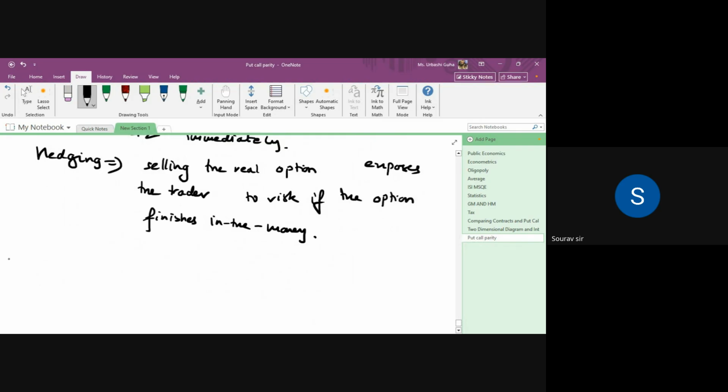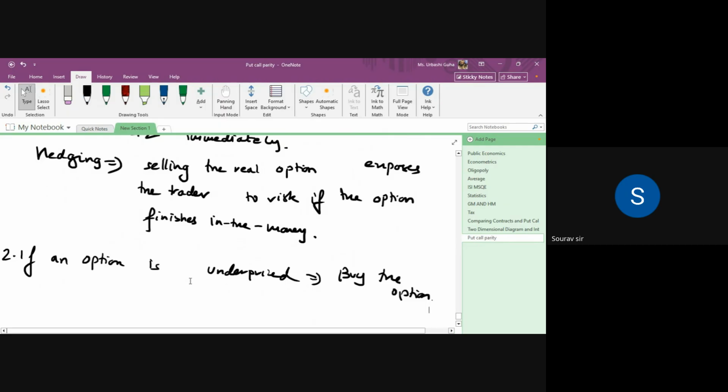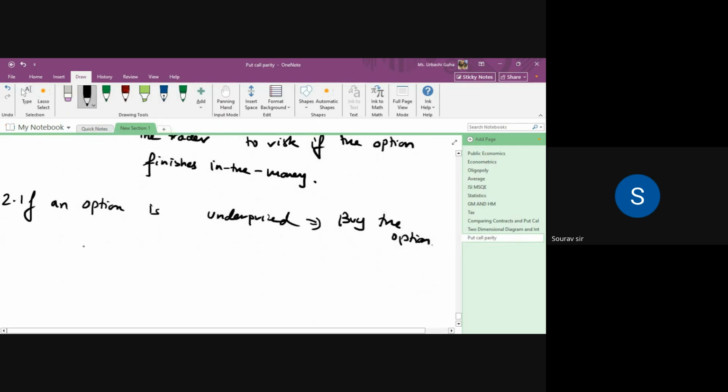Now second, if an option is underpriced, then what do we do? We buy the option. Like suppose the theoretical price of a put is 6 and the market sells it for 4.